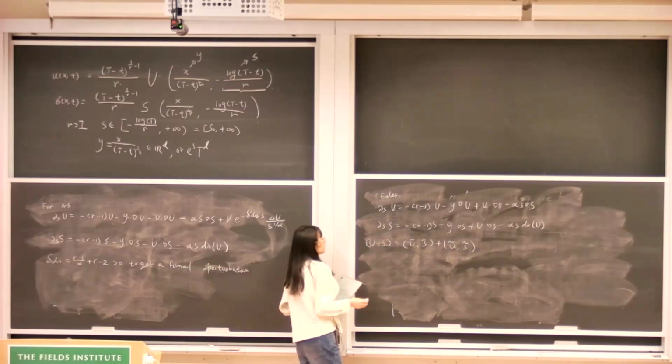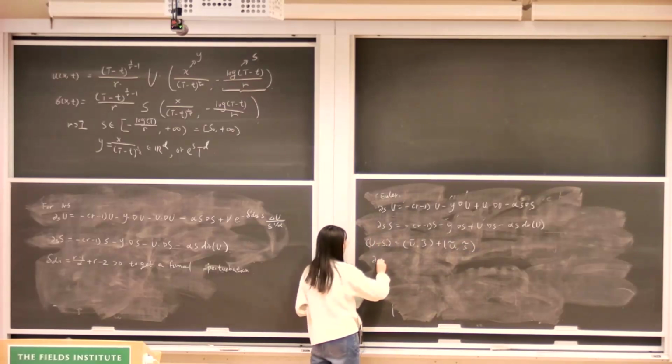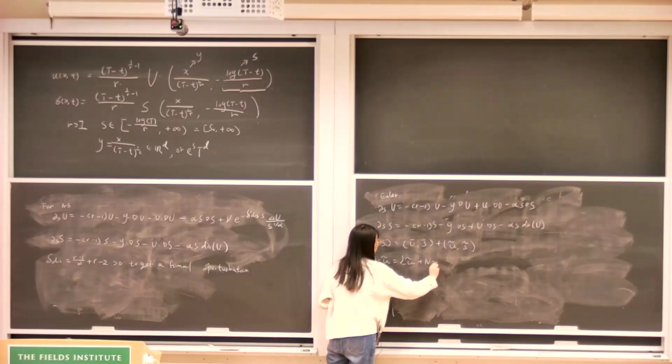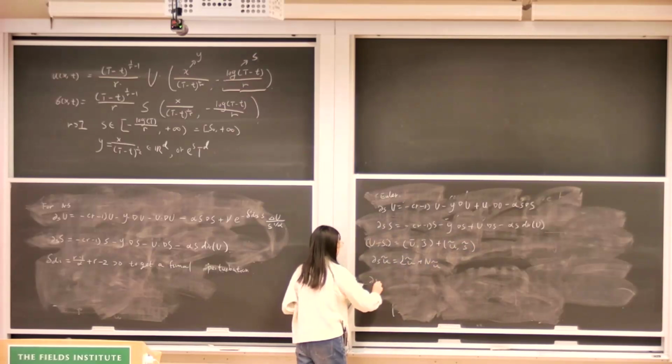So there's only linear and quadratic terms. Well, the remaining term we'll talk about later. Let's write down like this.